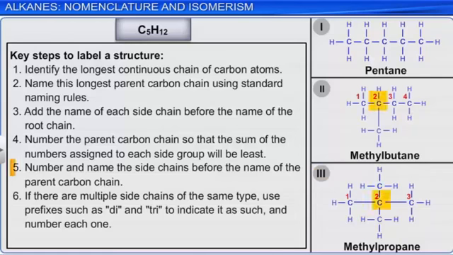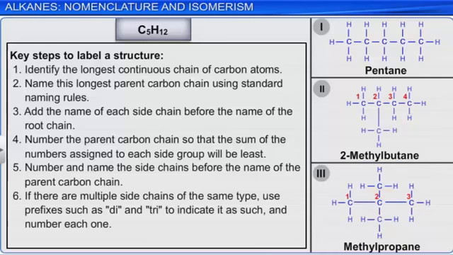Then, number and name the side chains and write as prefix to the name of the parent carbon chain. With this, we have named structure number 2 as 2-methylbutane. However, structure 3 has multiple side chains of the same type at carbon atom number 2.